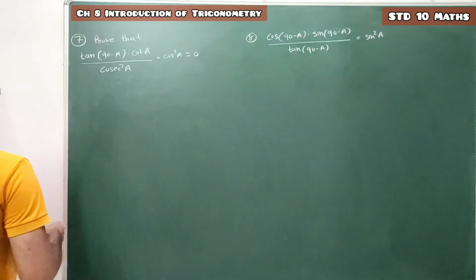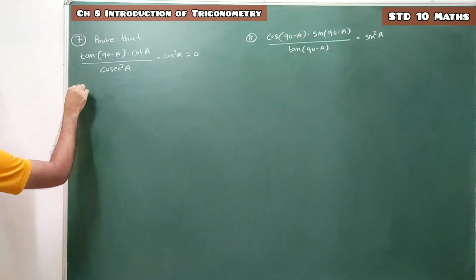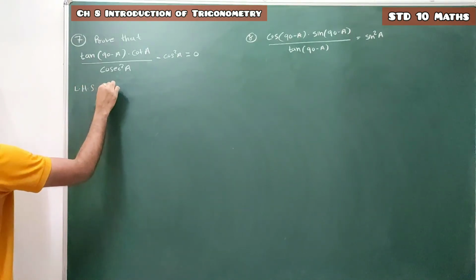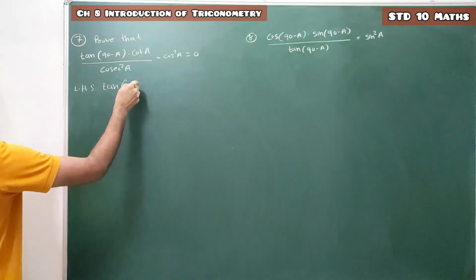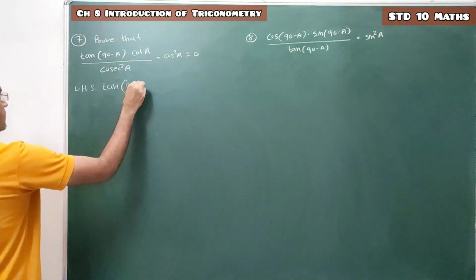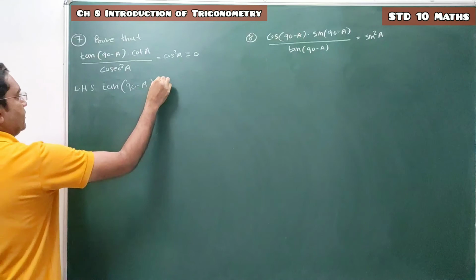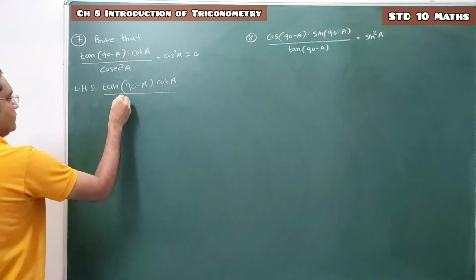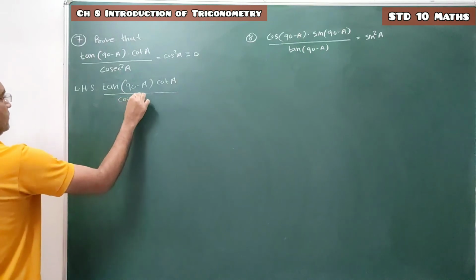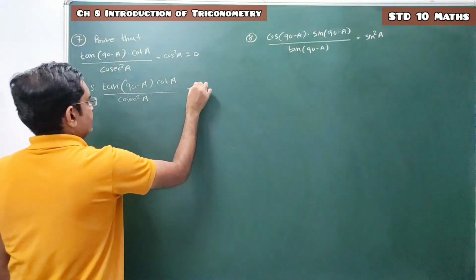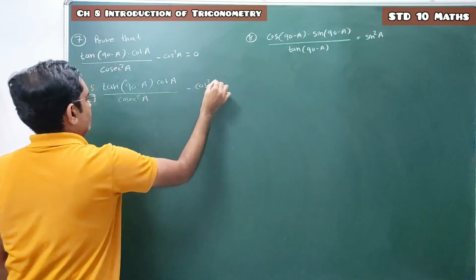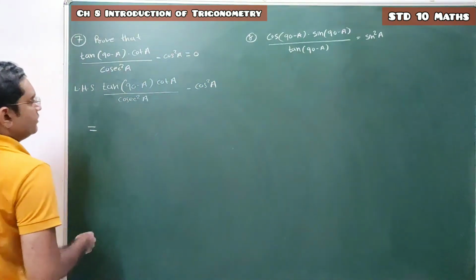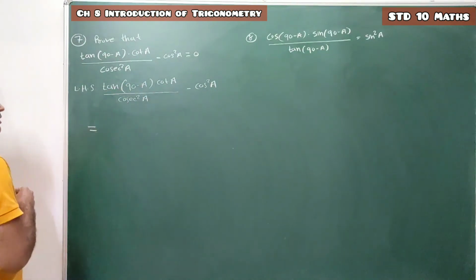Question 7. Prove that. We are given the left hand side, which is tan (90 minus A) into cot A upon cosec square A minus cos square A. You have to prove this is equal to 0. So this one is tan (90 minus A).